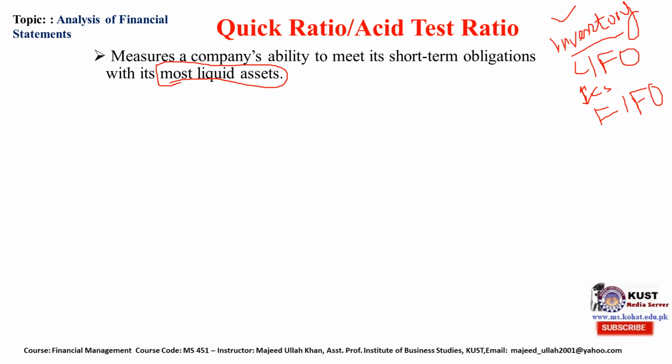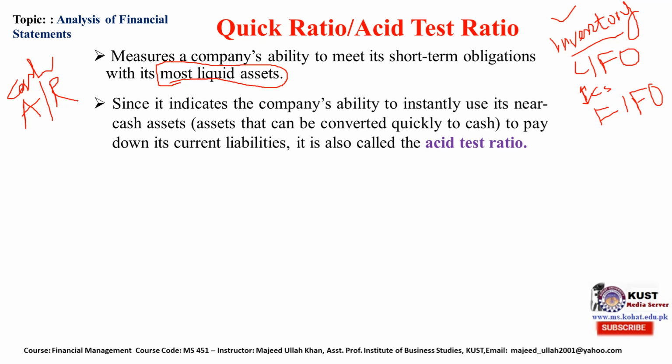Most liquid assets are considered as cash and cash equivalents, and then second is accounts receivable. It indicates the company's ability to instantly use its near cash assets that can be converted quickly into cash to pay down its current liabilities. It is also called asset test ratio.